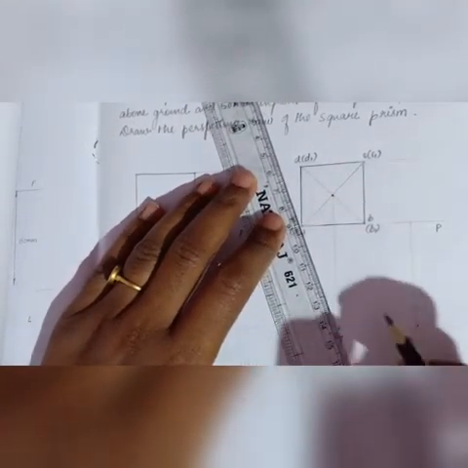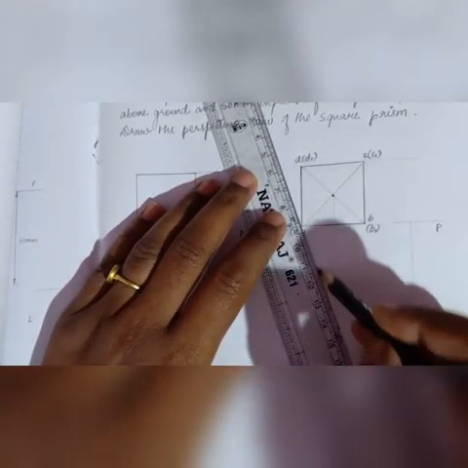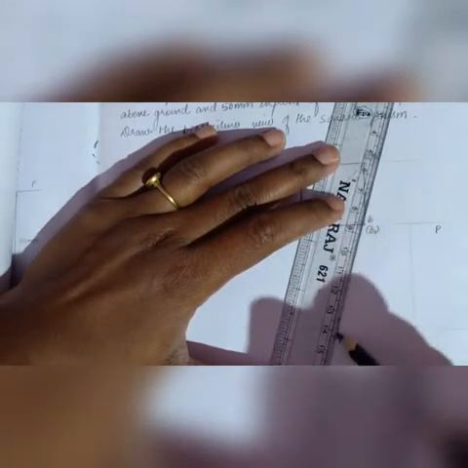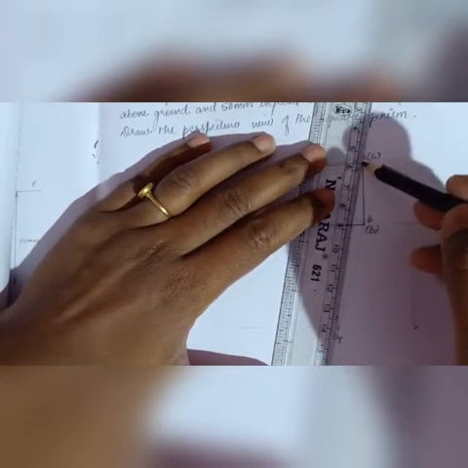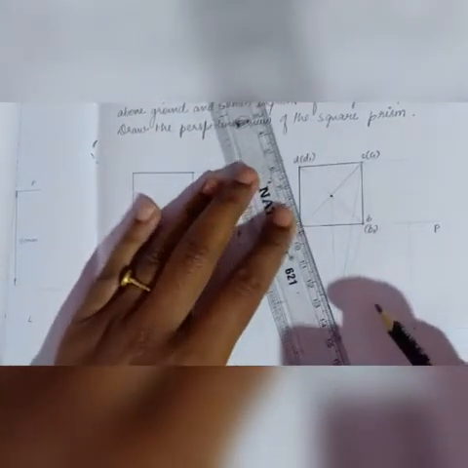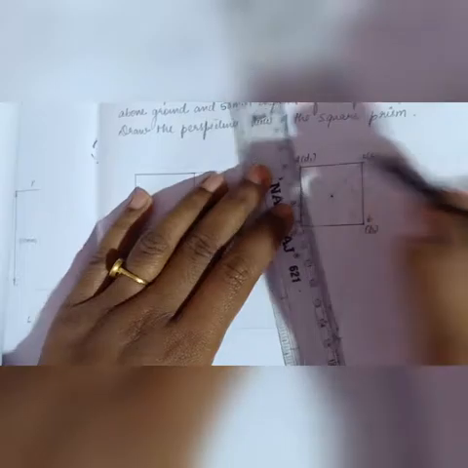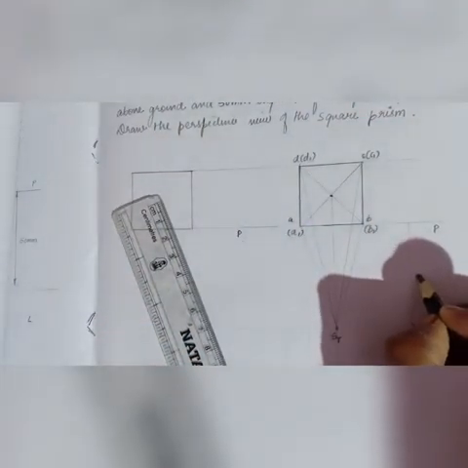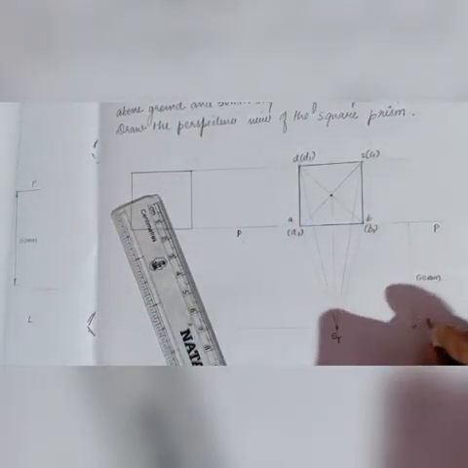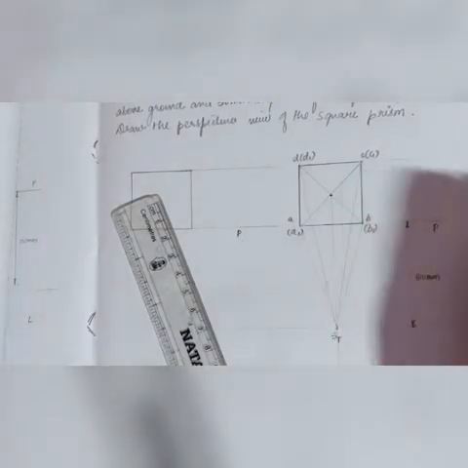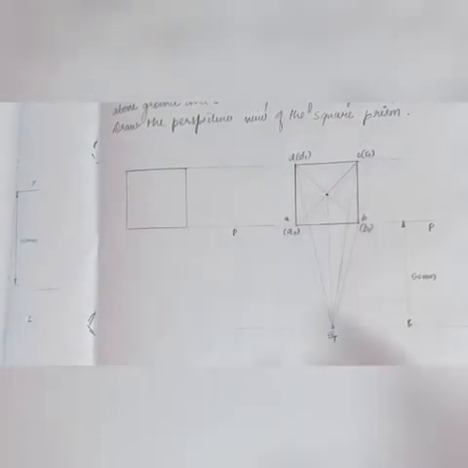So you need to bring in all the light projection lines, adjoining the point ST, which is at a distance of 50 mm. I'll write 50 mm. Okay.